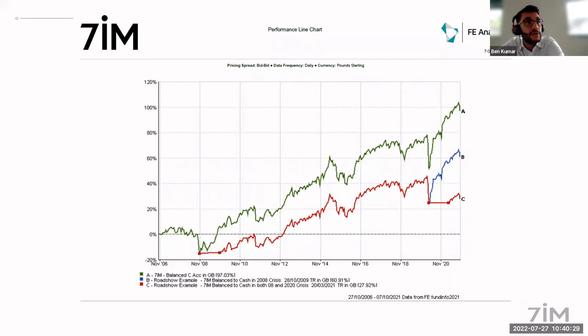So waiting around for the market to recover is so difficult to do. You spent 2 years out of the market over a 14-year period, and suddenly your returns are 20% rather than 100%.